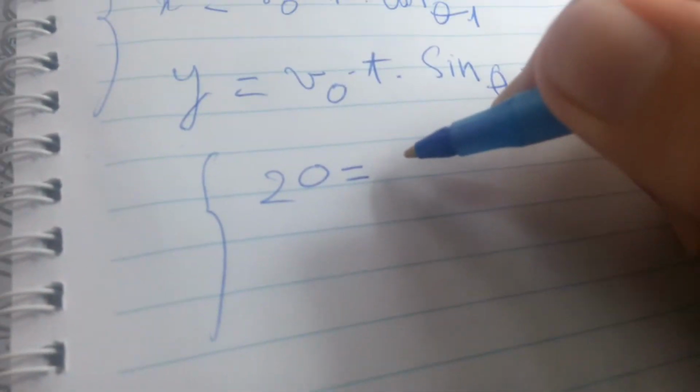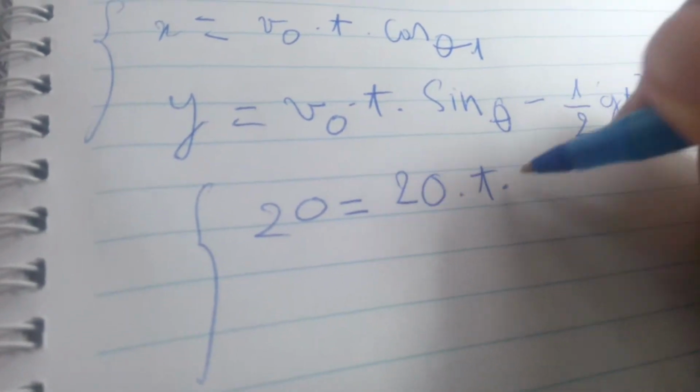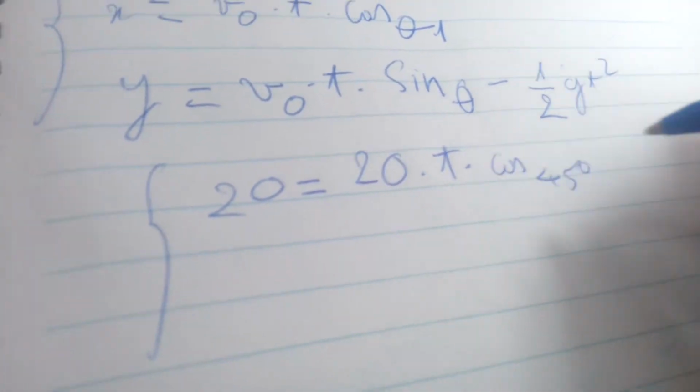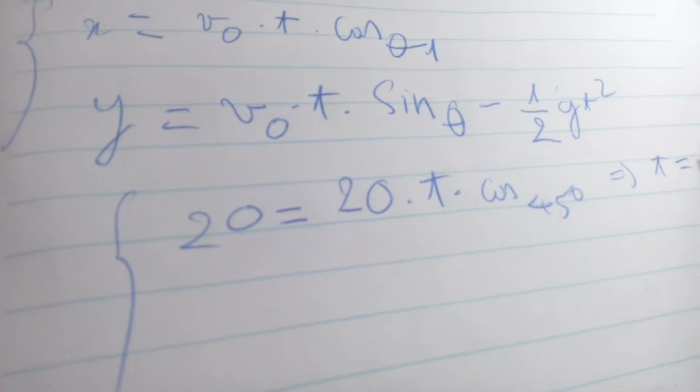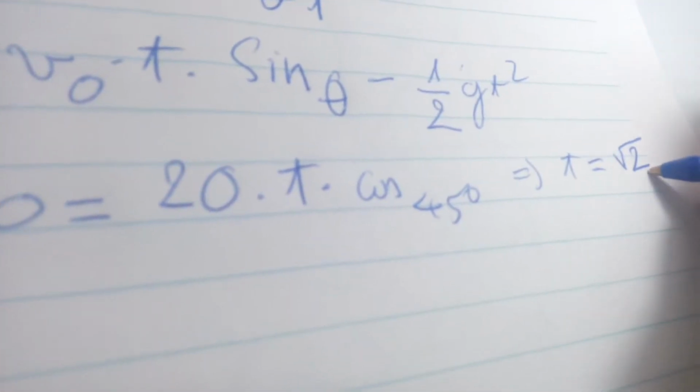So x equals 20 equals v0, which is 20 as well, times t times cos of 45 degrees, which means our t will be square root of 2.